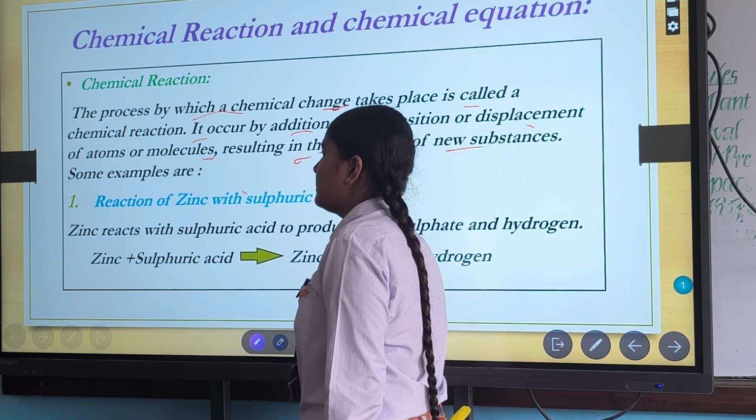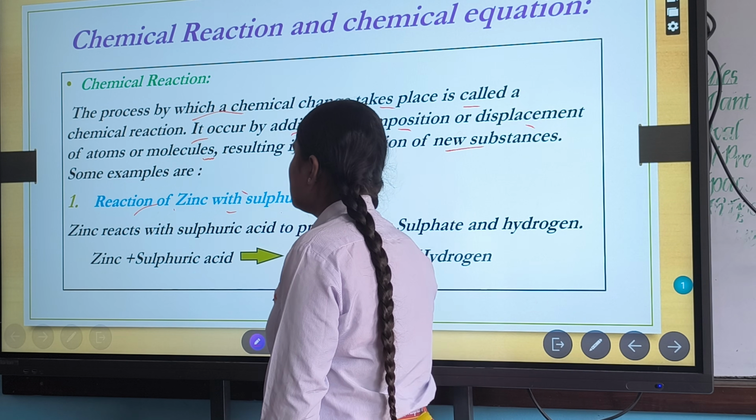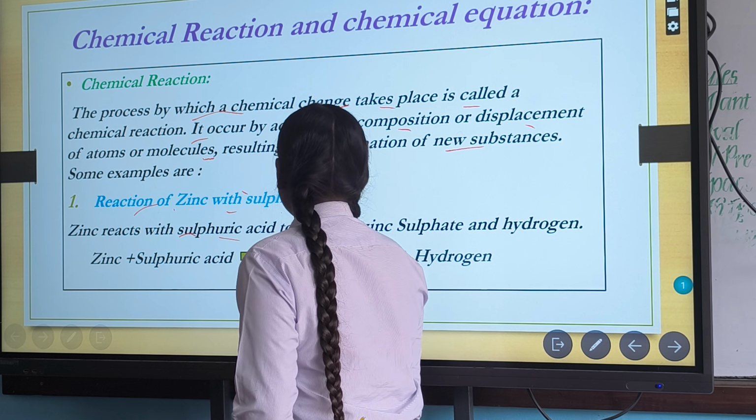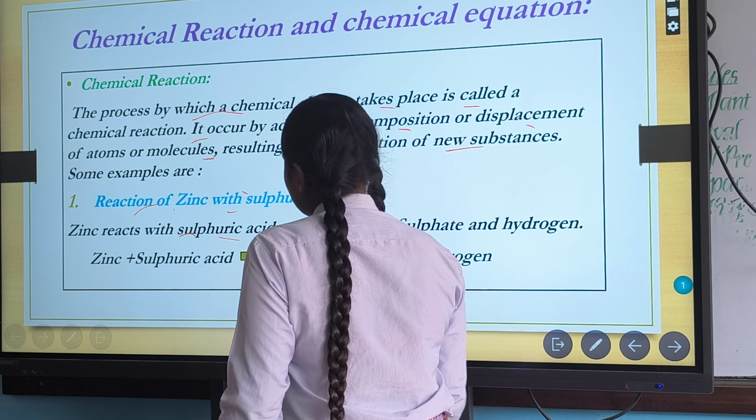Some examples are the reaction of zinc with sulfuric acid. Zinc reacts with sulfuric acid to form zinc sulfate and hydrogen.